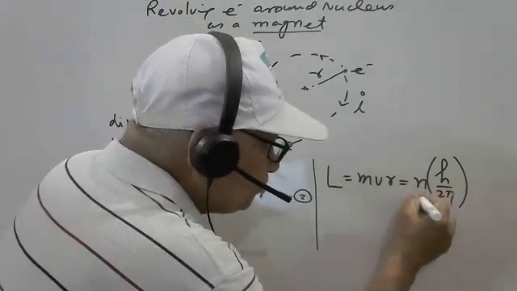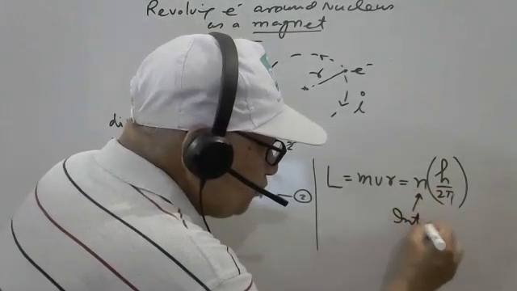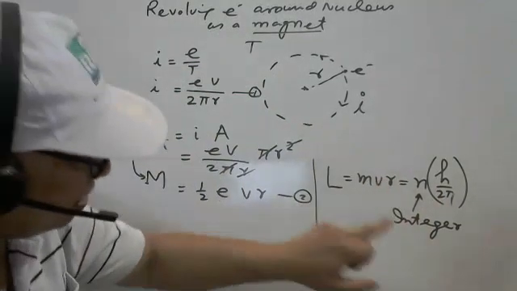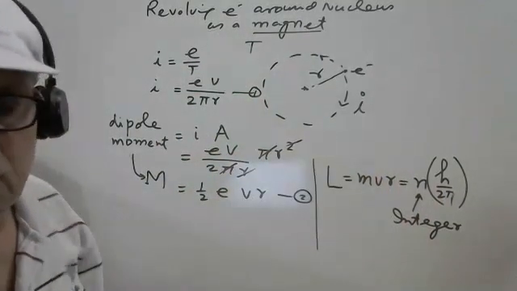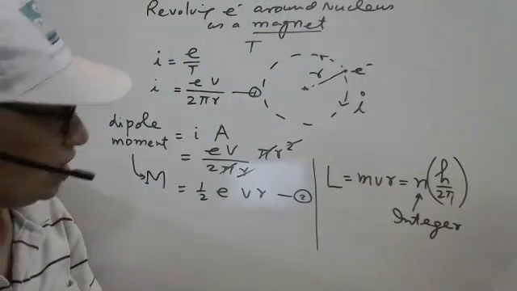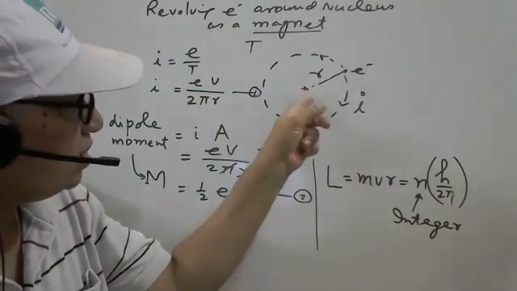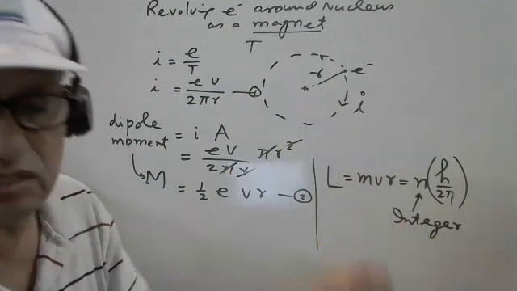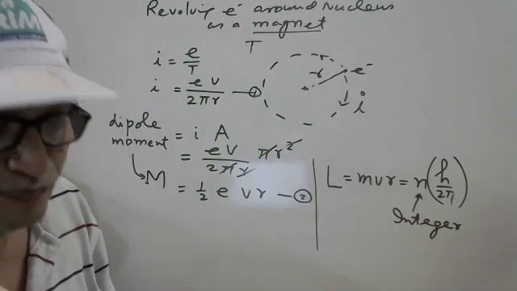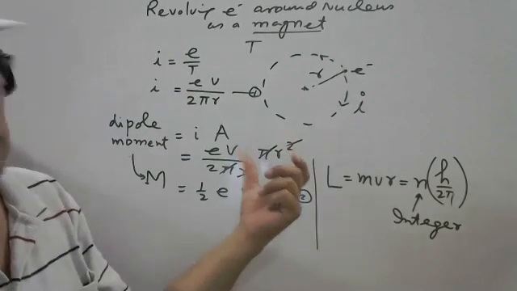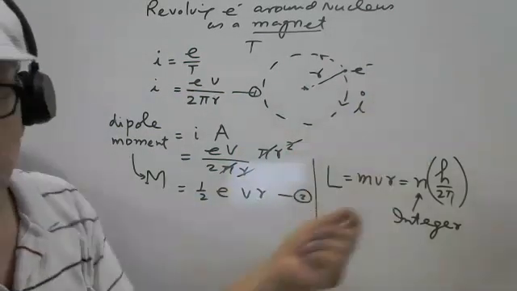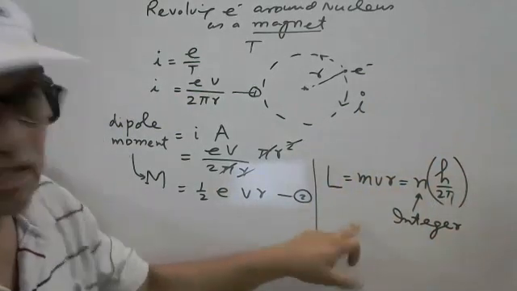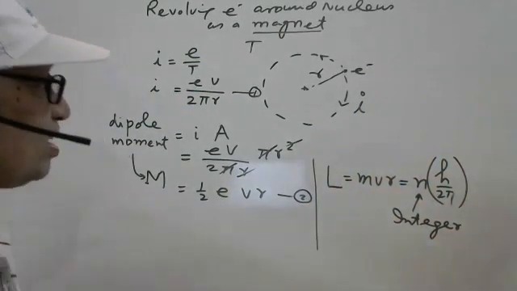If this is the condition which holds good, then only this particular orbit around which the electron is revolving around the nucleus is stable. So this is the second postulate given by Bohr. And what is the first one? The attraction force must be equal to the centrifugal force. So using this second postulate, we put the value of v r. Here, v r can be written as n h upon 2 pi m.